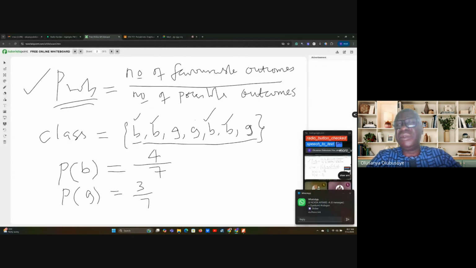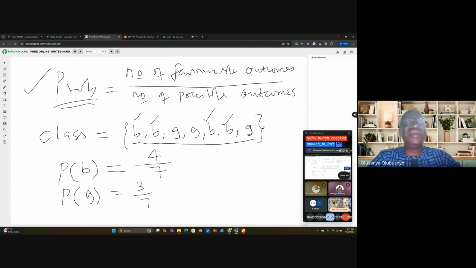And if you are interested in head, that's the outcome of interest. So how many heads are possible in a single toss? That's one. So then you have 1/2. So this is the frequentist approach of determining the probability of an event.